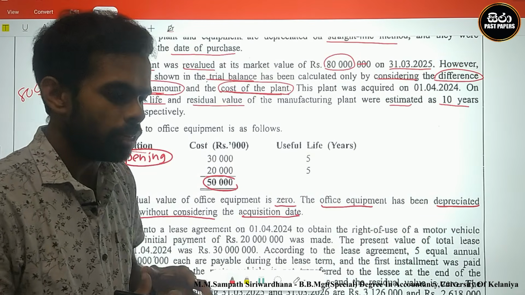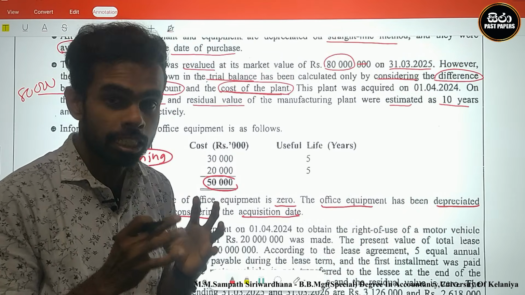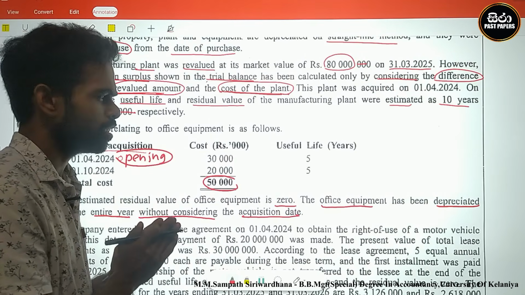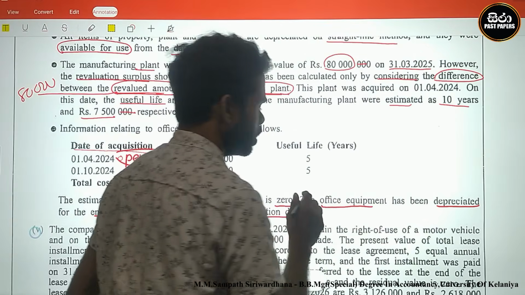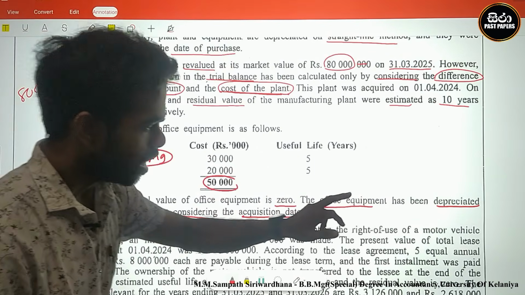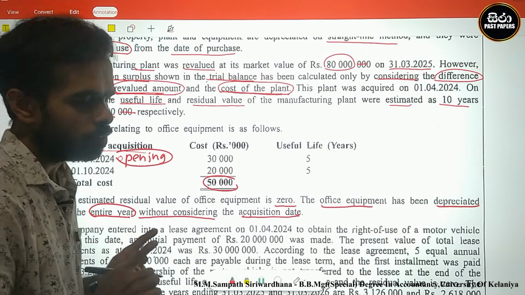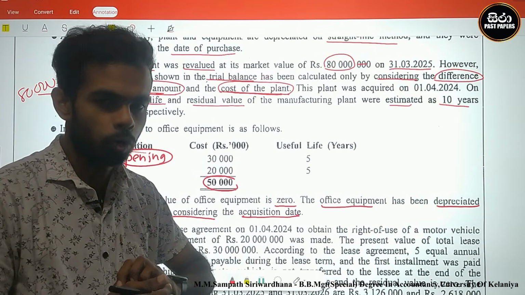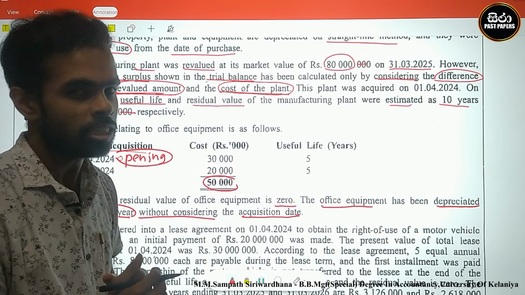Therefore, I calculate the erroneous annual depreciation amount without considering these dates. Look here, what is the annual depreciation without acquisition date? It has been depreciated for the entire year. Therefore, I prepared the entire-year wrong annual depreciation for office equipment.